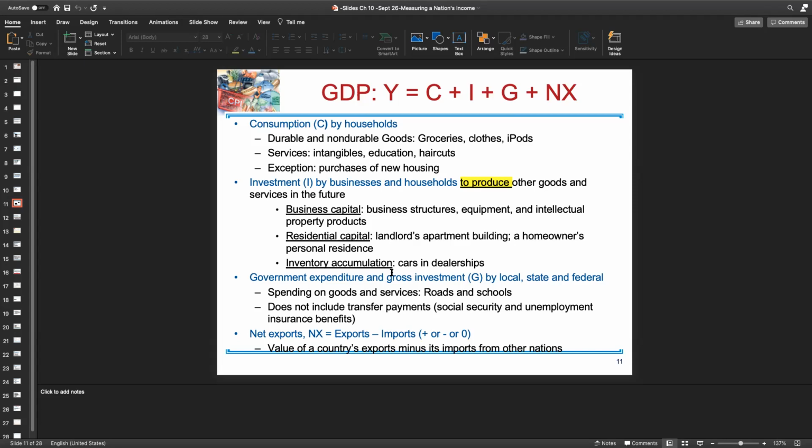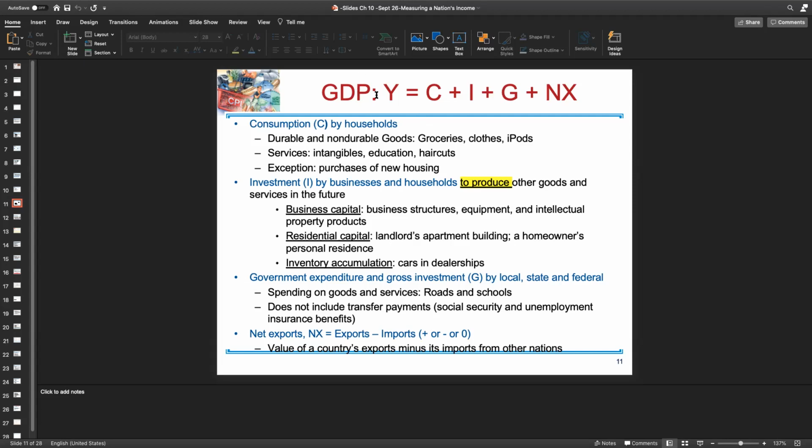Although they have not been sold, they were produced in 2020, and they are considered inventory in the GDP in 2020.